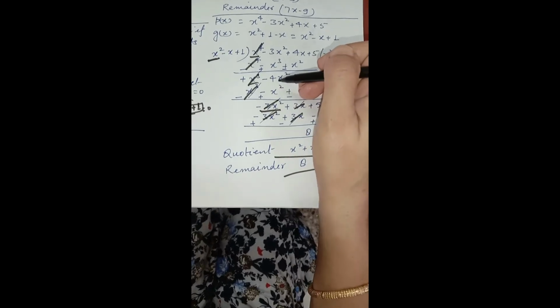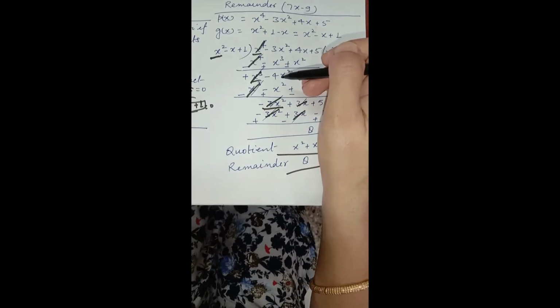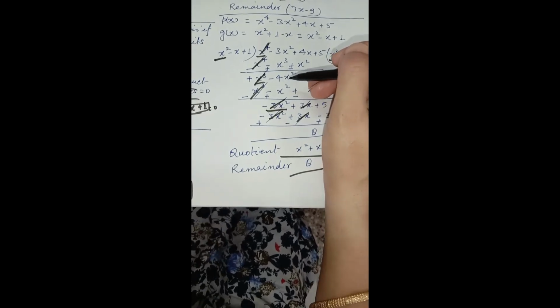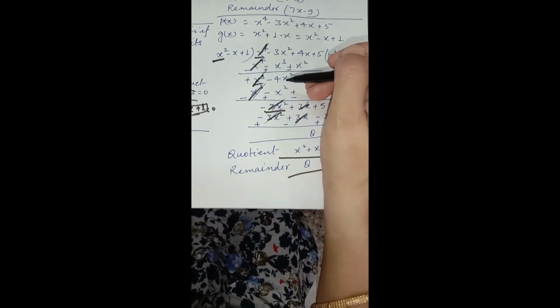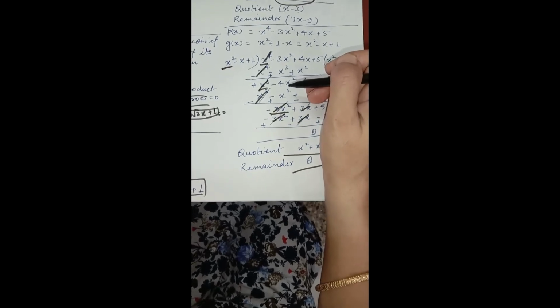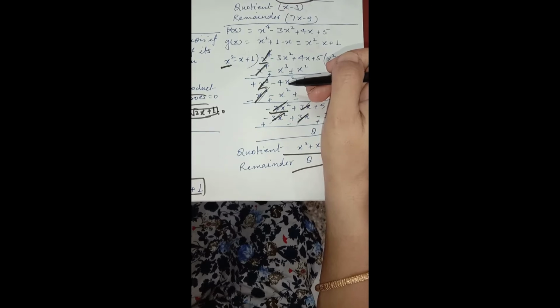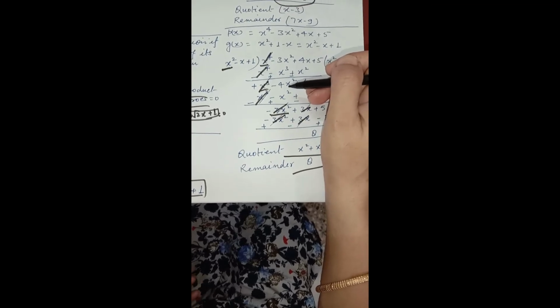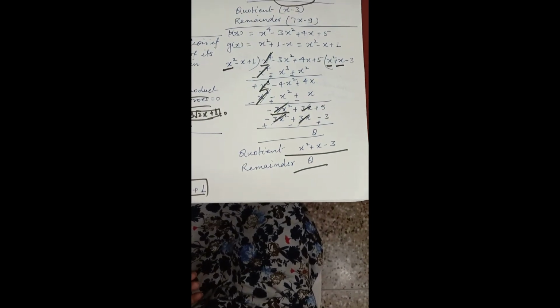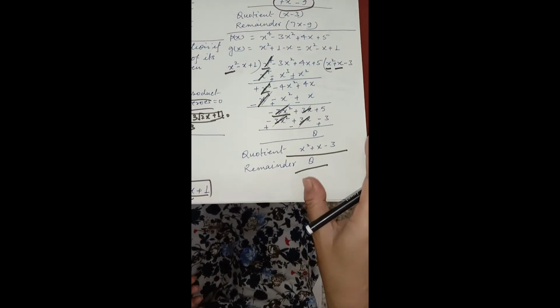So this is how to divide a polynomial by another polynomial and get the quotient and the remainder. When the degree of the remainder is less than the degree of the divisor, or if you can't divide further, which is natural, you will stop the division. At that step, you will write the quotient and the remainder.